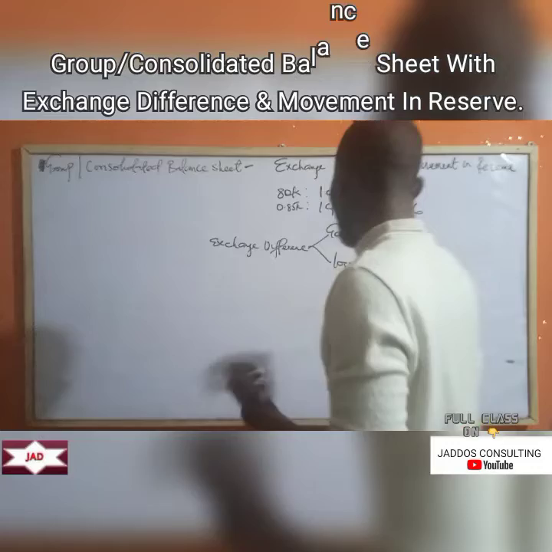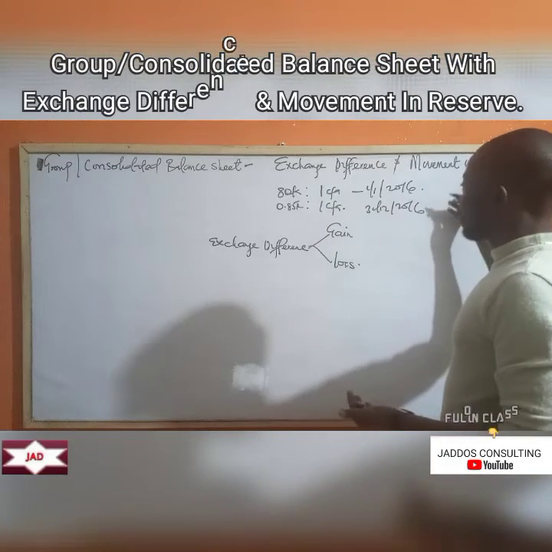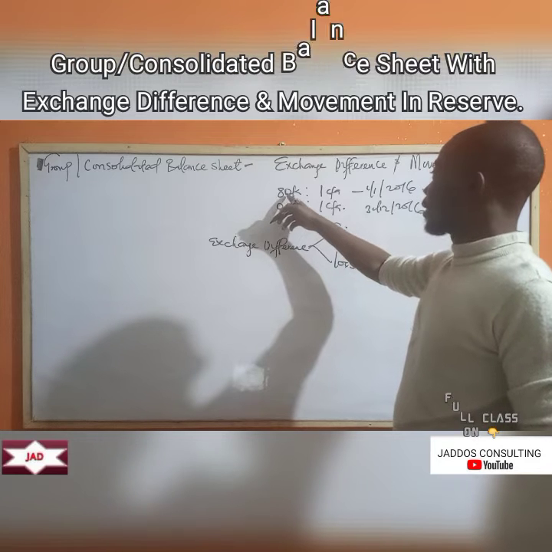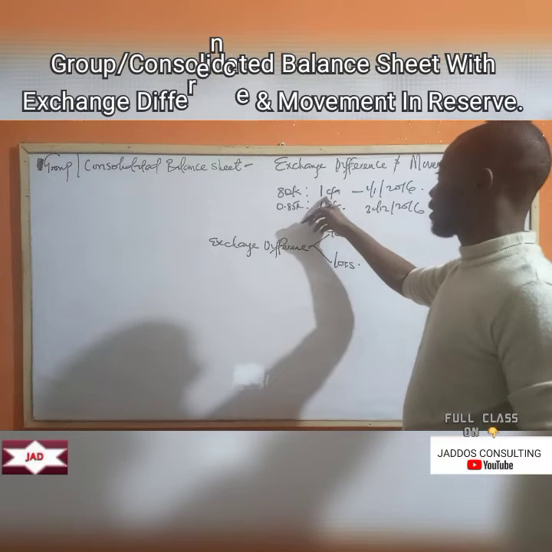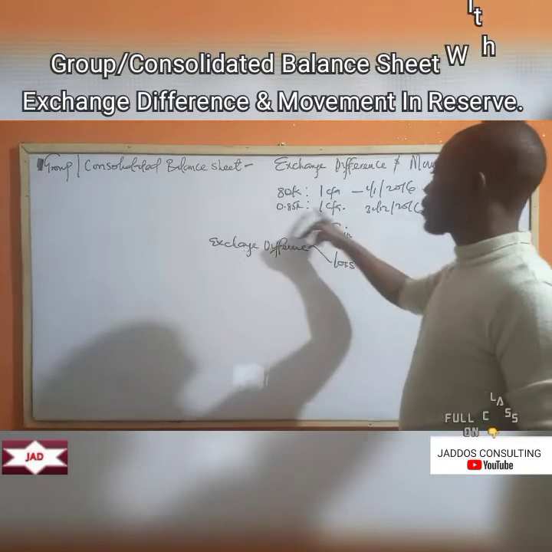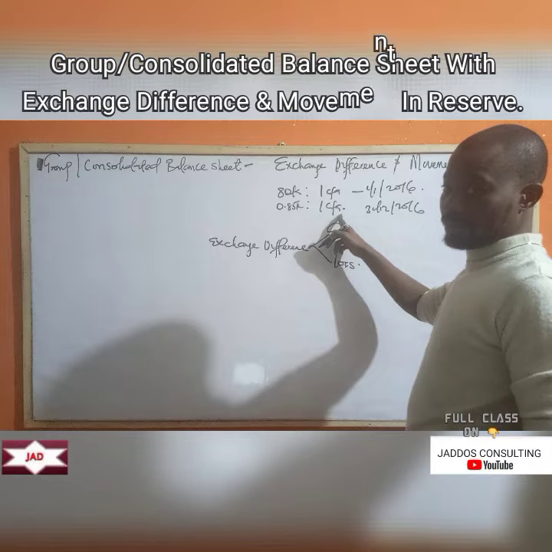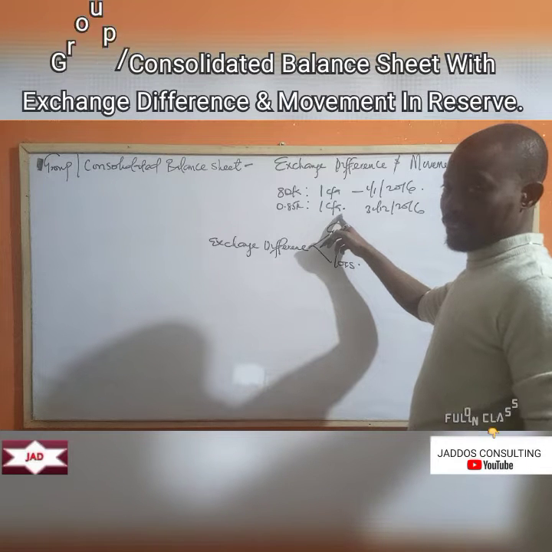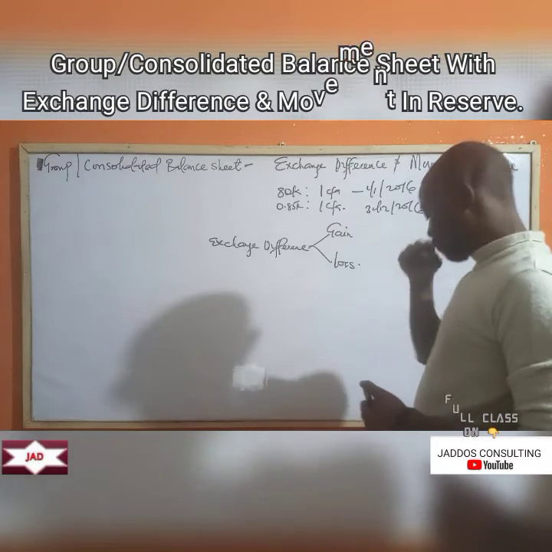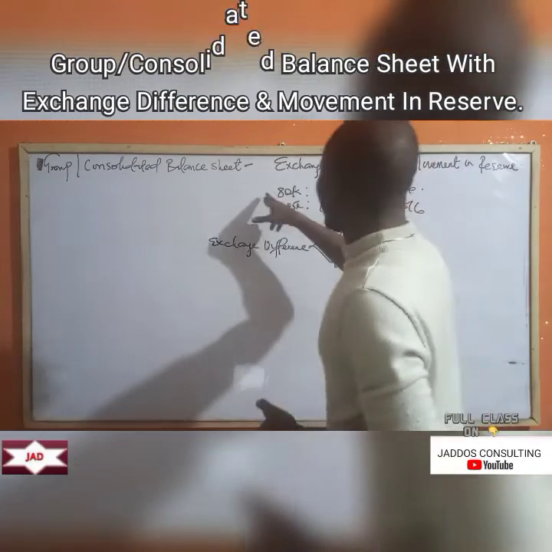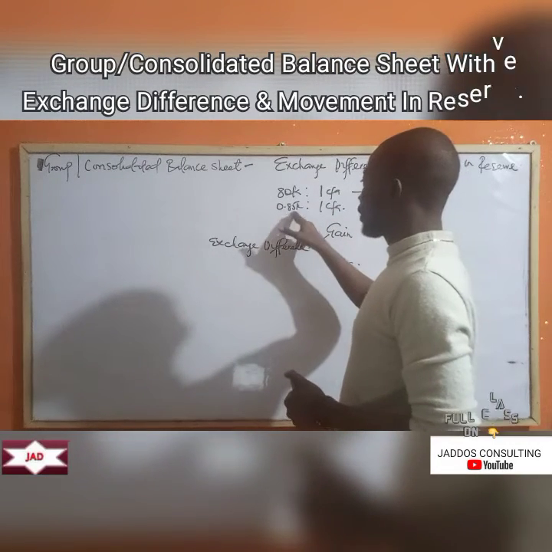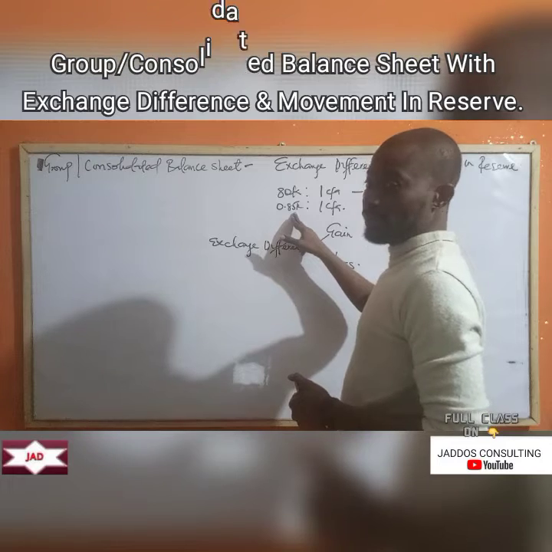If at the beginning of the period you invested at 80 kobo to one sefa, and by the time you're reporting in 2016 it is 85 kobo to one sefa, then if you bought at 80 kobo and sell at 85 kobo, there is a gain of 5 kobo.